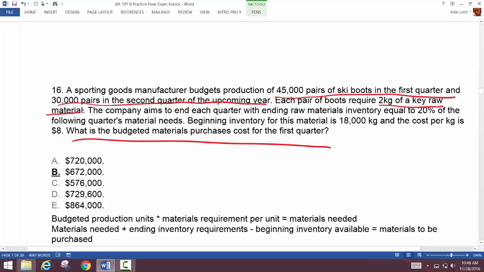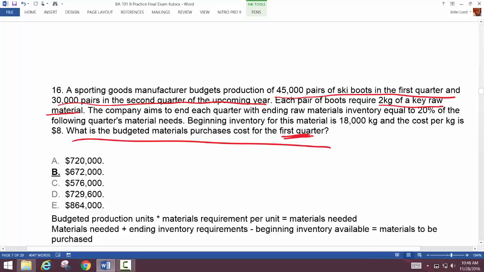The company aims to end each quarter with ending raw material inventory equal to 20% of the following quarter's materials. Beginning inventory for this material is 18,000 kilograms, and the cost is $8. What is the budgeted materials cost for the first quarter?